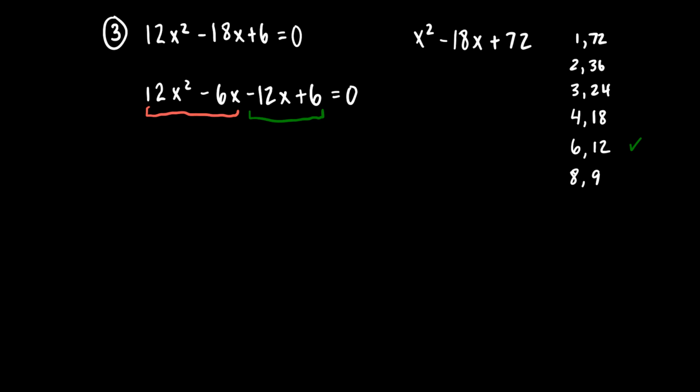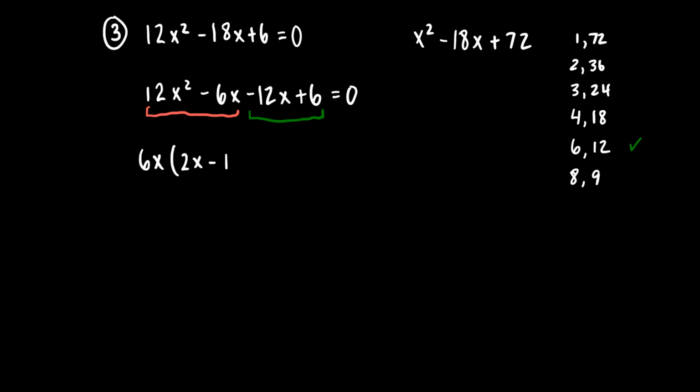Group those up. So for the red one, what's the largest thing we could divide both of those red terms by? We could pull out 6 and we can pull out x. So let's say this is 6x. You would be left with 2x minus, if you have -6x and you divide by 6x, what would you have left?